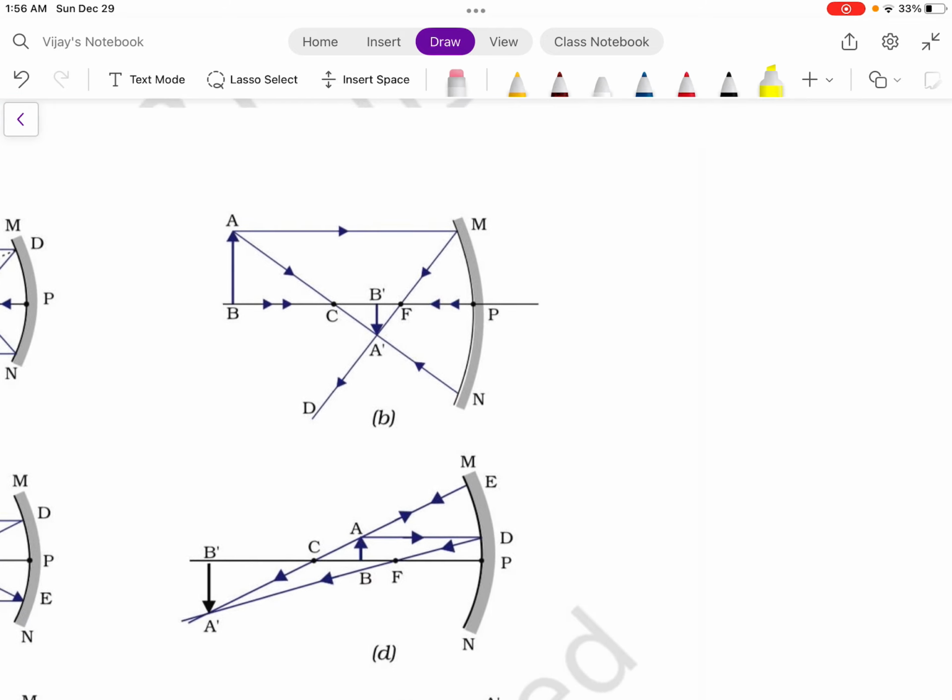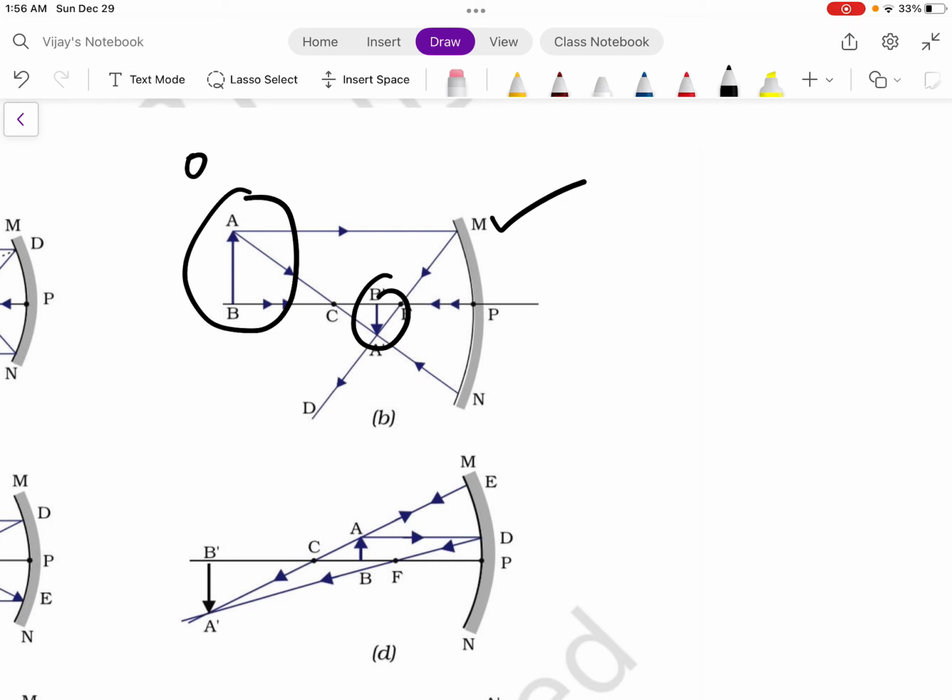Now see, basically in plane mirror there is no scope of forming a real image. That I have already cleared. Now see here, this particular mirror over here is a spherical mirror. And to be very specific, it is a concave mirror because the reflecting surface is curved inwards. Now see here, this is the object and here is the image.